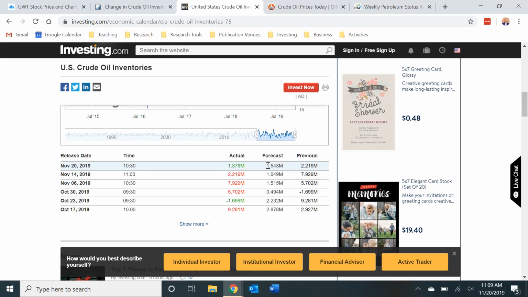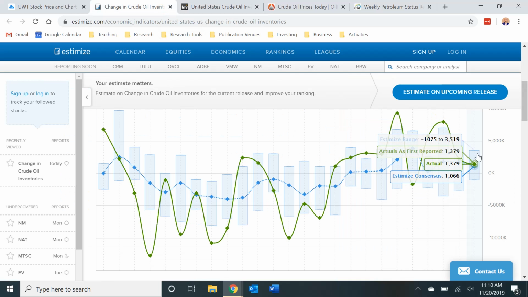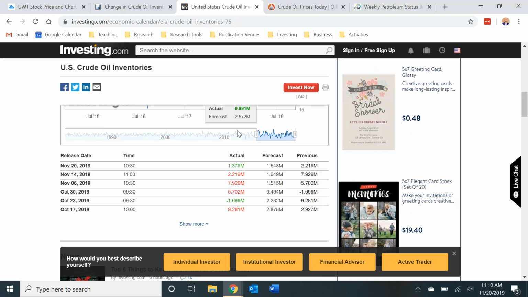So you can see that the analysts were expecting a slightly larger inventory build than the users over here at Estimize were expecting, but in a very similar range. I like the Estimize because it gives you these confidence intervals, so you can see just how far outside those confidence intervals the actual numbers were. But this gives you a more official forecast number.